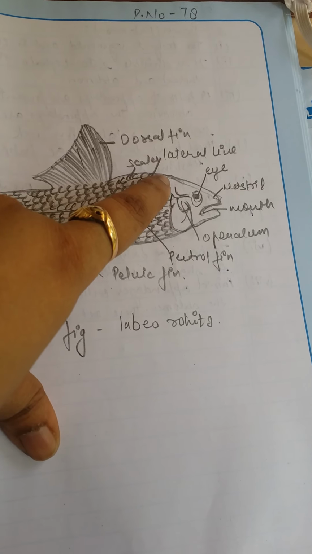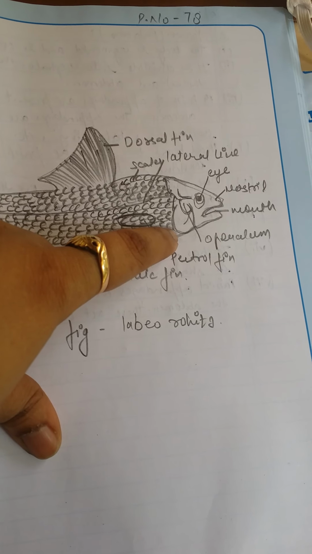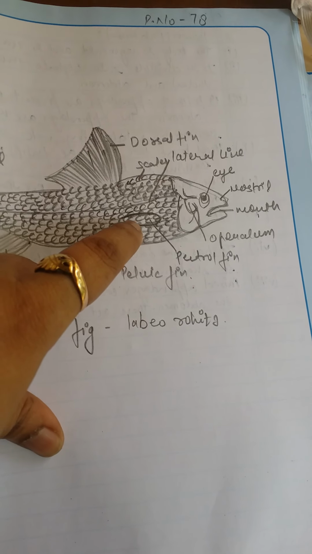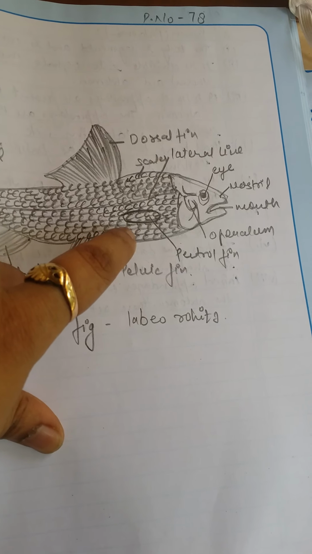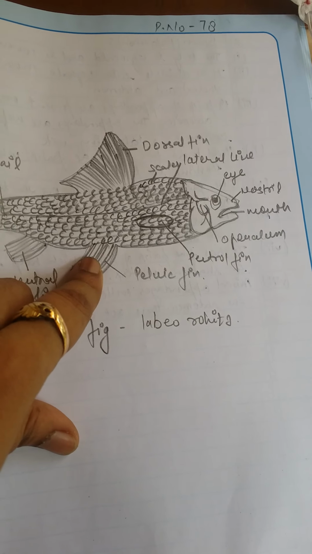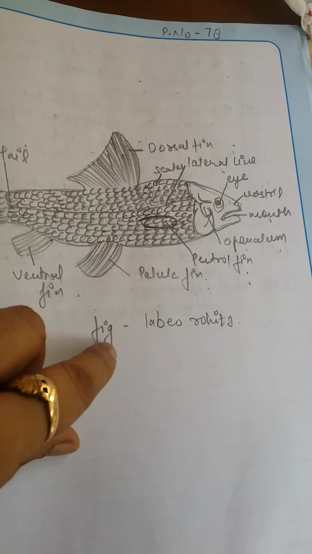This is the operculum, which protects the gills. These are the pectoral fins, besides which there is a pelvic fin, and this is the ventral fin that is present on the body of Rohu.